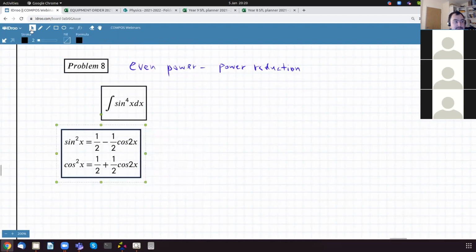And so this is what we're going to do. We're going to simply work with sine 4x, the integrand.